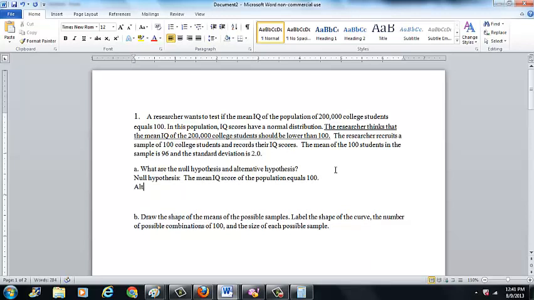So the researcher is trying to support the idea that the population mean is lower than 100, which means the alternative is the possibility that the researcher is trying to support. So the alternative would say the mean IQ score of the population is lower than 100, or less than 100.